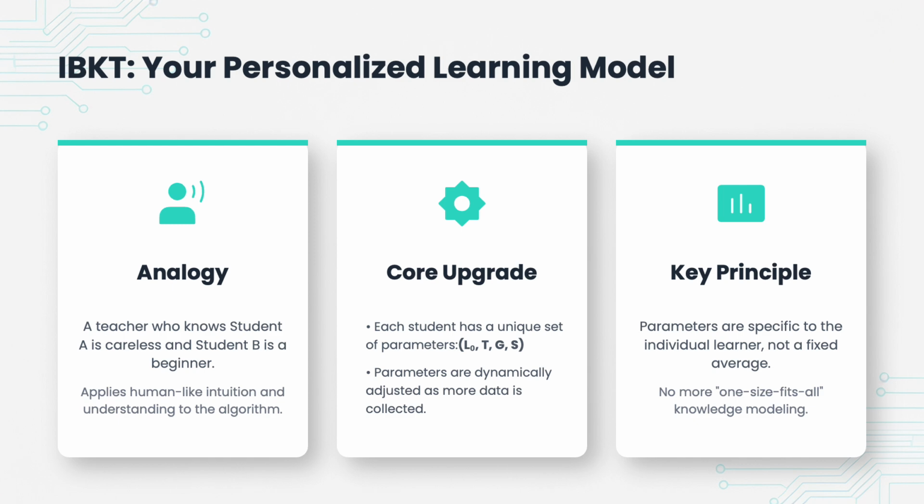It's like a teacher who learns about their students over time. They might realize that Xiao Ming is a smart student, but very careless, so they assign him a higher slip probability. Or they might know that a new student, Xiao Gang, is starting from scratch, so they set a very low initial knowledge level for him. These parameters are learned and updated as the student interacts with the system.